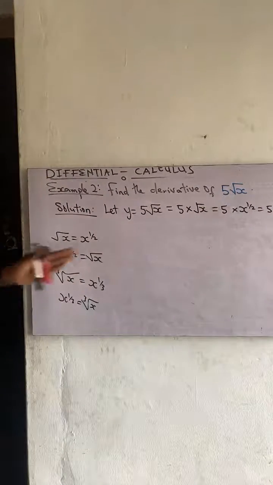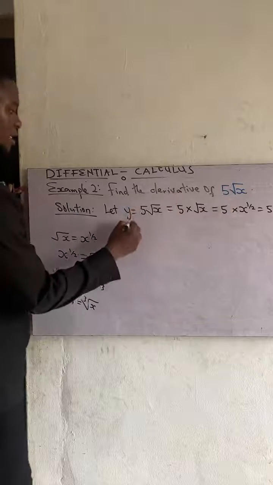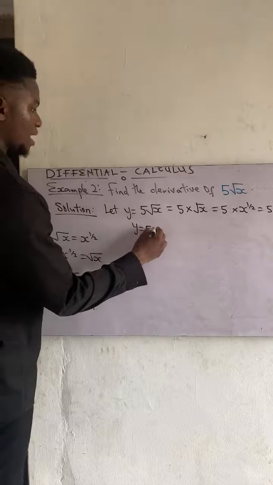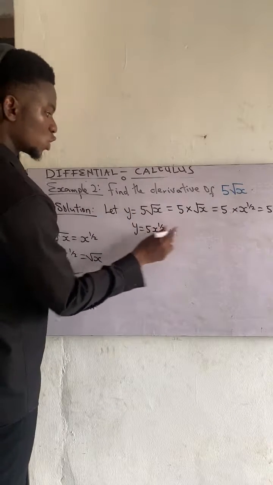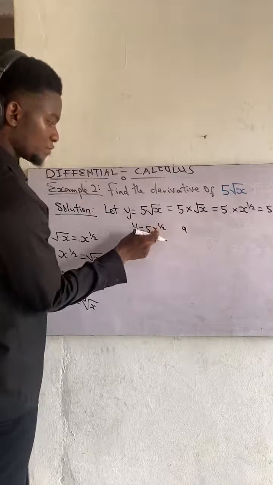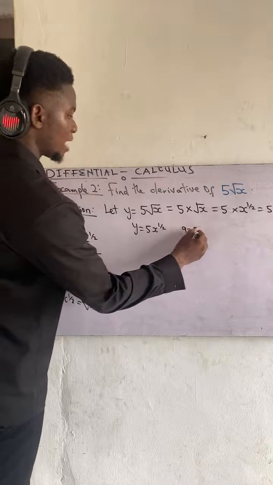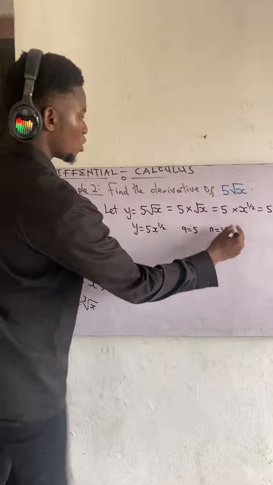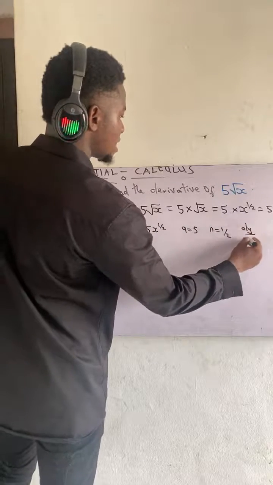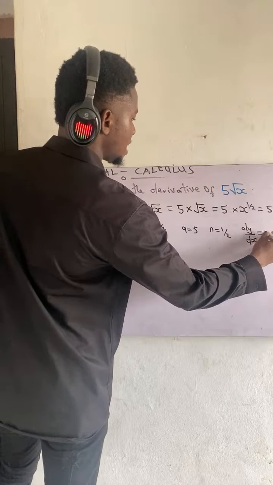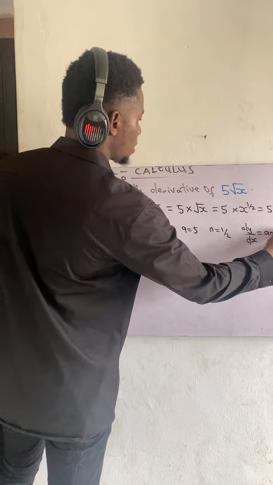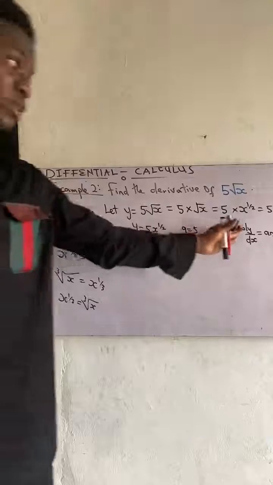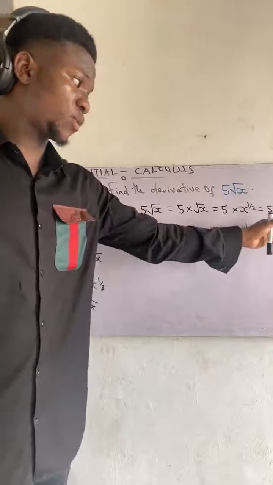Do you get that? So once we've understood this, then this simply means that our y is equal to 5x raised to power half. So here our a, which is the coefficient of x, is what? 5. And our n, which is the power of x, is what? Half. So the general formula for dy dx is a n x raised to power n minus 1.